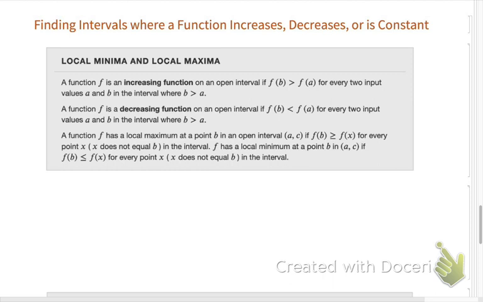Okay? What that means graphically is if we just draw a small xy plane real quick and we label the x-axis with two values a and b. So again, this is where b is greater than a. To say that a function is increasing, it always must be the case that if b is to the right of a, the output at b will be higher than the output at a.